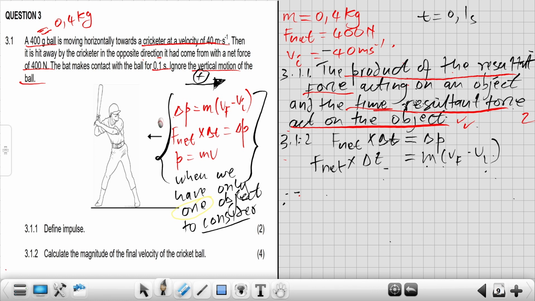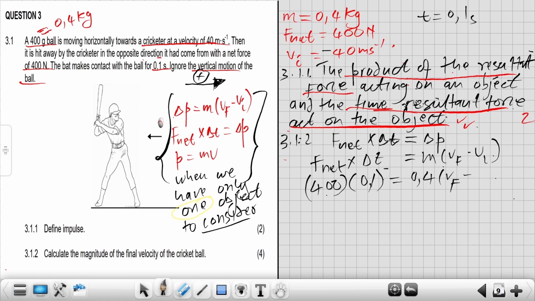So is the direction of the force towards the right? Yes, it is. So it is going to be 400 multiplied by 0.1. The mass is given, it's 0.4, and then V final is what we are looking for.